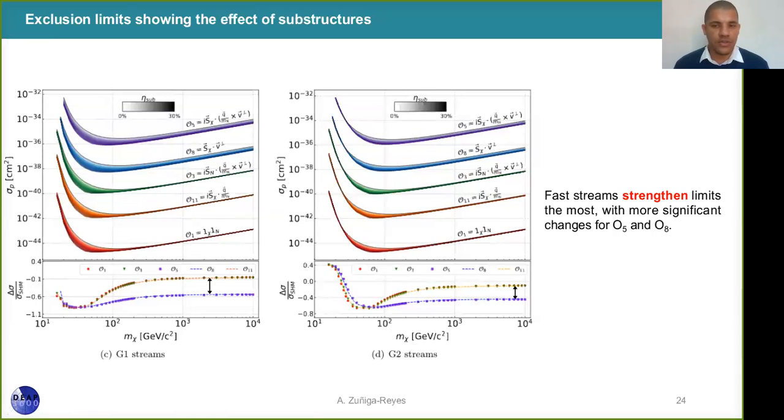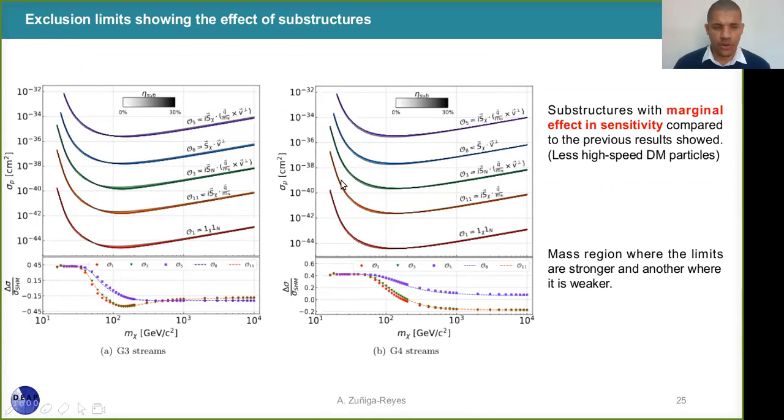For the fastest streams corresponding to the U1 and U2 groups, they, as you can see, change the limit the most. And now it's more clear the fact that I mentioned before for operators 5 and 8 at higher masses. You can see that the limit increases in relation to the rest of the operators, and there is a split in the relative difference plot that is very clear.